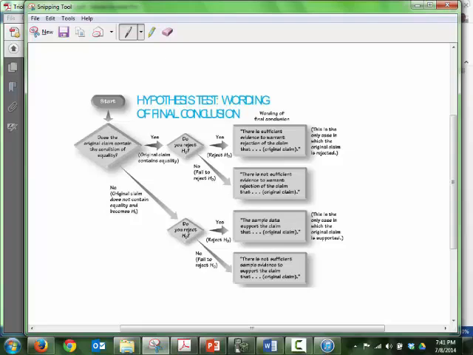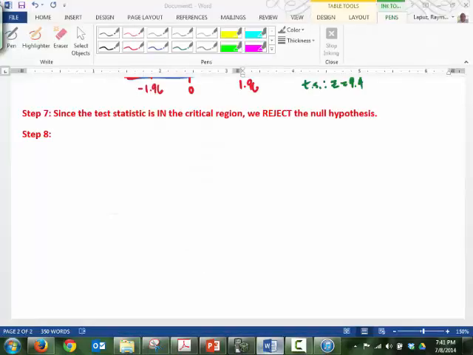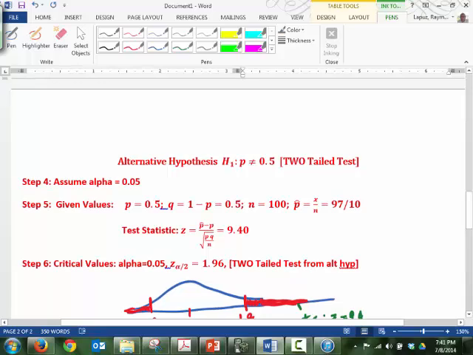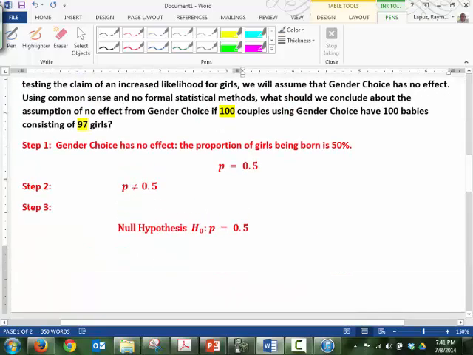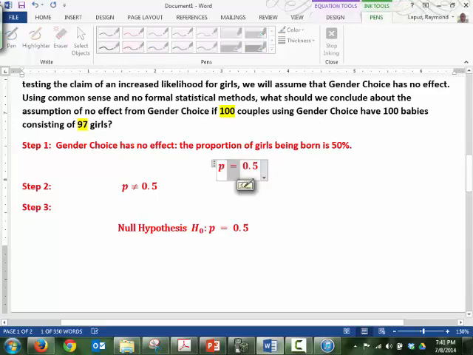It's a flow chart. We start from the beginning, we follow through, ask ourselves questions, and then we see where we end up. So, in this flow chart, we start: does the original claim contain a condition of equality? Oh, we have to look at our problem again. The original claim was in step 1. Does the original claim contain a condition of equality?